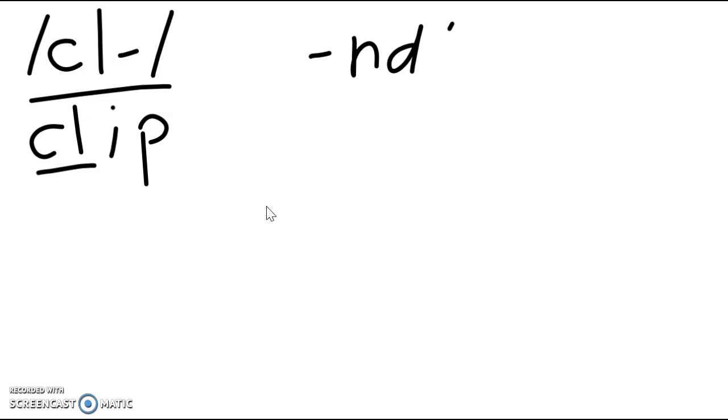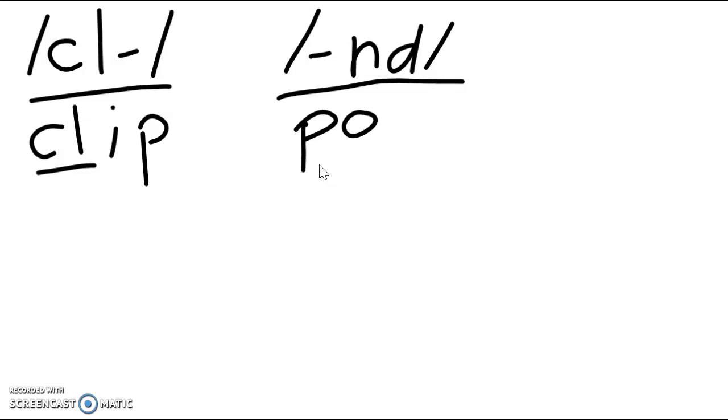And this one's nd at the end of a word. There's other letters in the front. Sound, p. Sound, ah. Sound, nd. Let's blend. P, ah, nd. Word, pond.